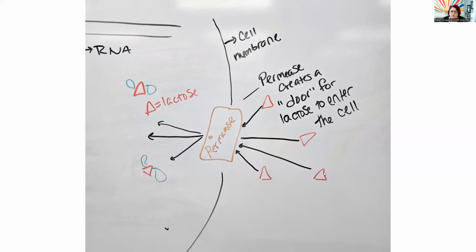It's important to realize that lactose cannot diffuse through the membrane. So these little triangles are not going to just go through the membrane, they have to actually enter through the door. And so permease is a specific door for lactose. And so it responds to the presence of lactose on the outside and lets it into the inside, where it can change the shape of the repressors and so forth.